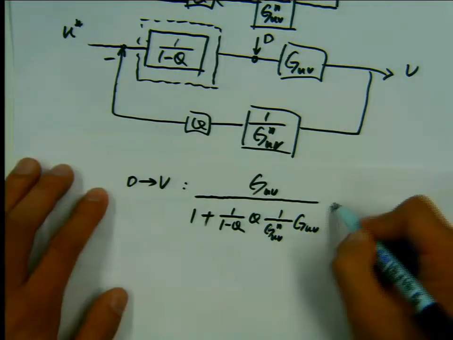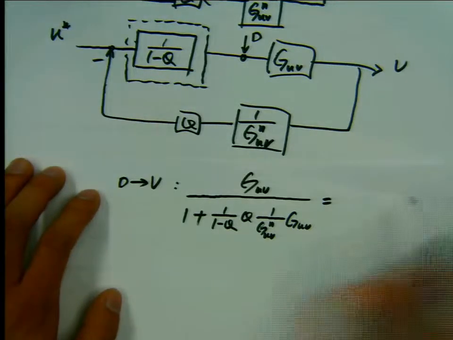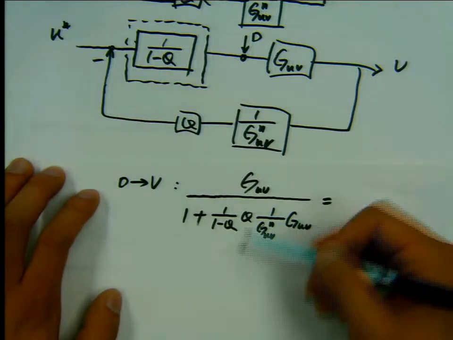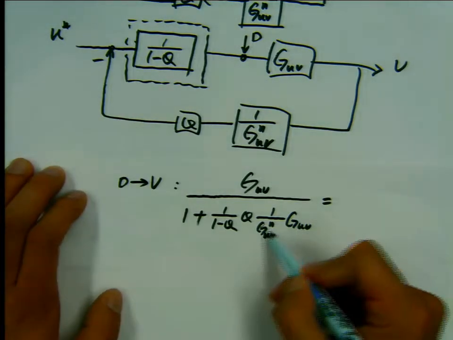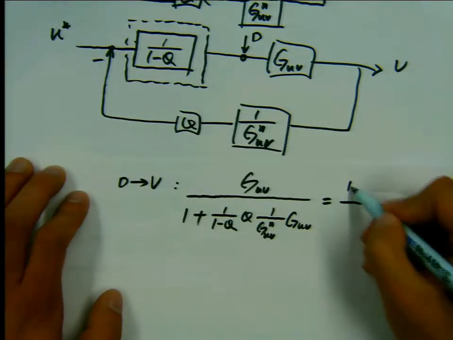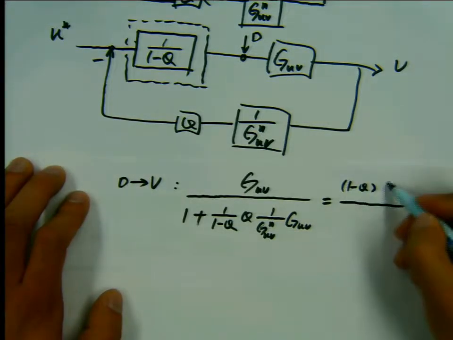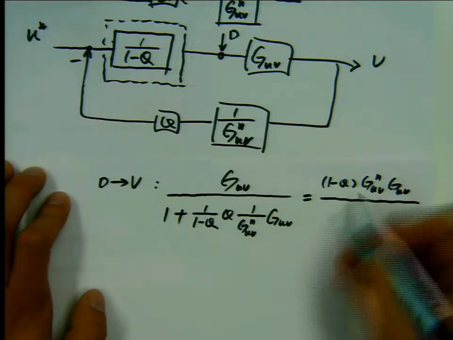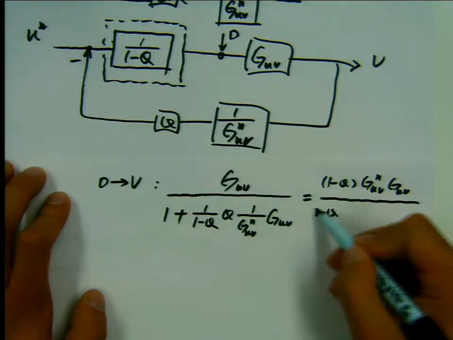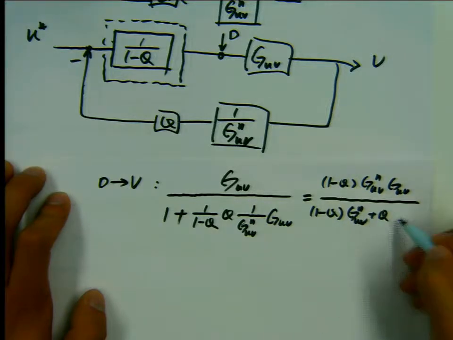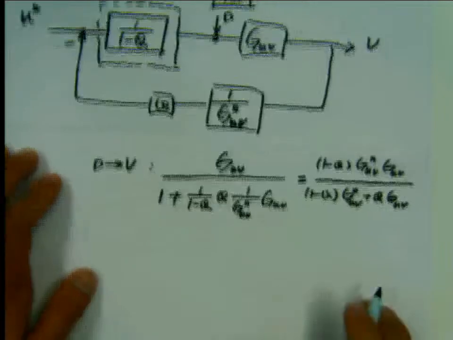So let's simplify this a little bit. Multiply 1 minus Q in the numerator and in the denominator, and also multiply G_uvn. So we're going to get 1 minus Q G_uvn over G_uv. In the bottom, we're going to have 1 minus Q G_uvn plus Q G_uv.